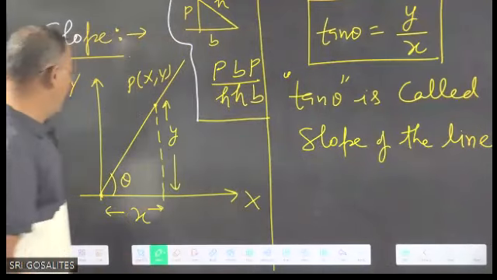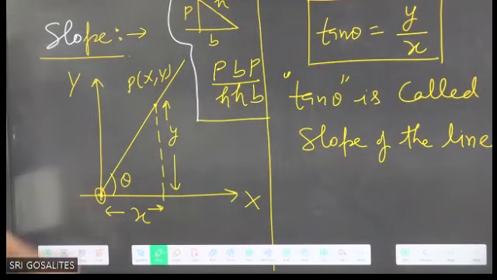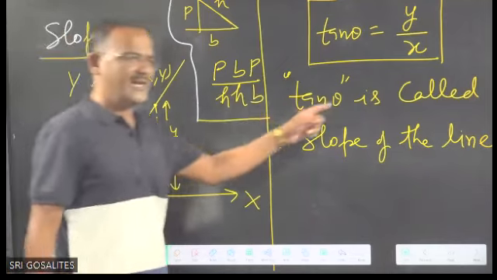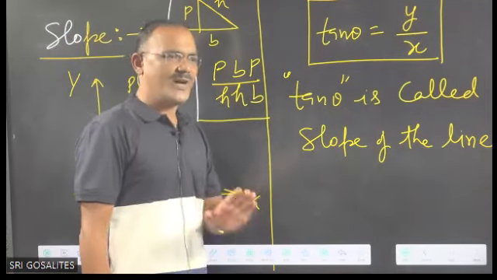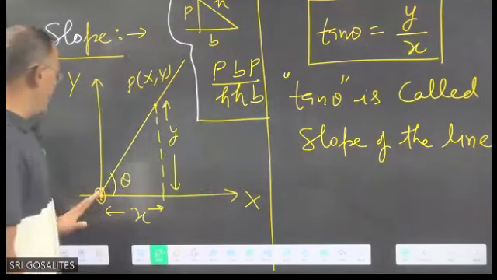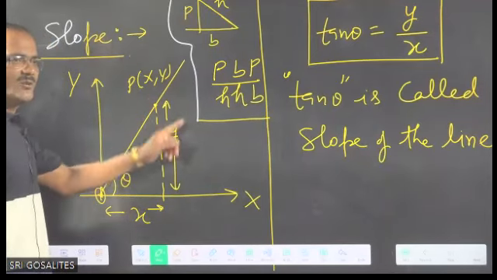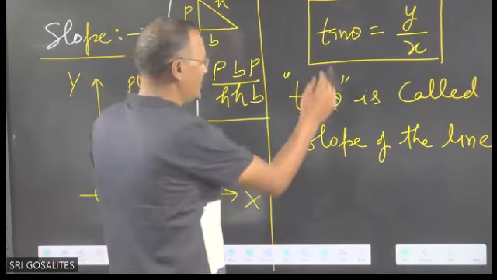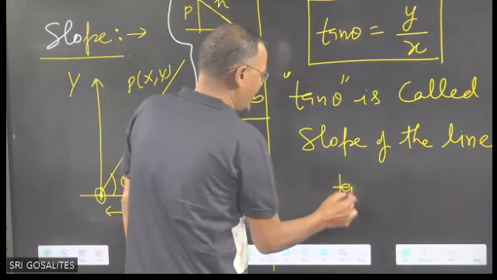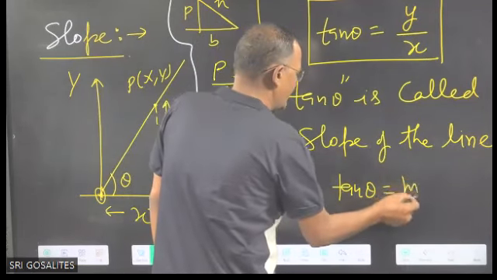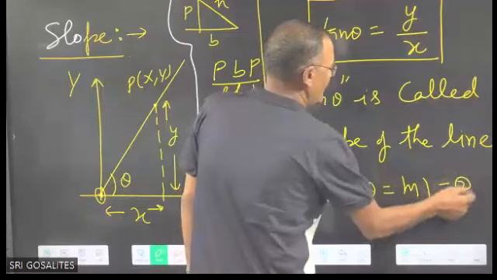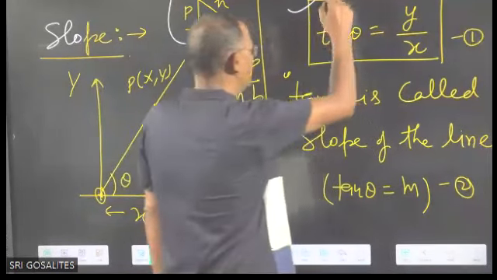Which line? The line passing through the origin: its slope is tan theta, because it relates y and x. Tan theta is generally represented by m. Number 1 and number 2.